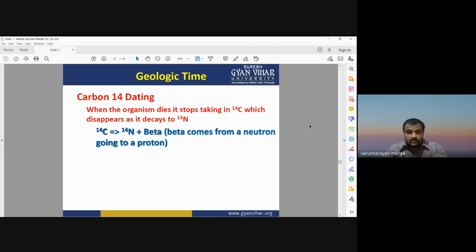For studying the age of fossils, we use carbon dating. The carbon dating method helps identify the age of any dead organism. While it is living, it takes in carbon-14, but when it dies it stops taking in carbon-14. On that concept, we come to know the age of that organism.